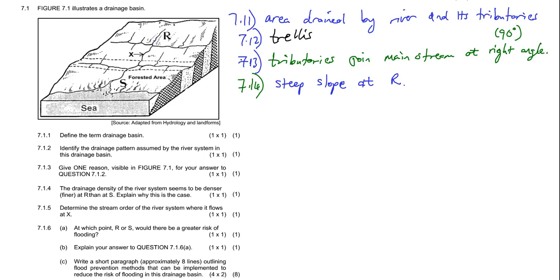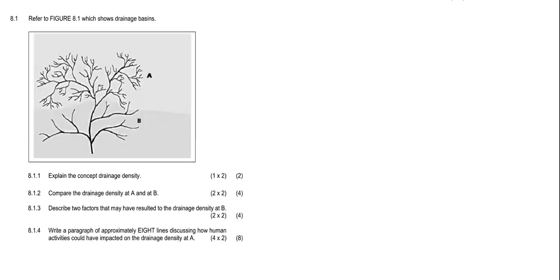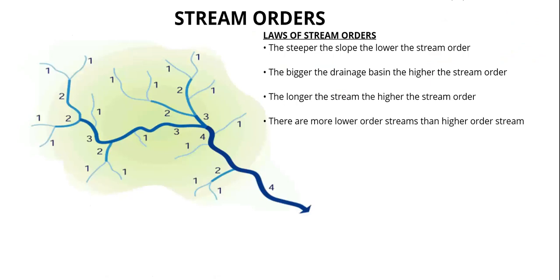Let me go there and explain what we have before the stream orders. Okay, we'll come back to the question, don't stress. Stream orders: here it shows a tributary, a stream without tributary.